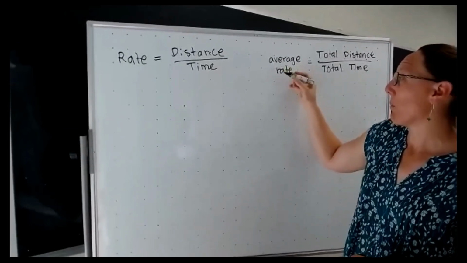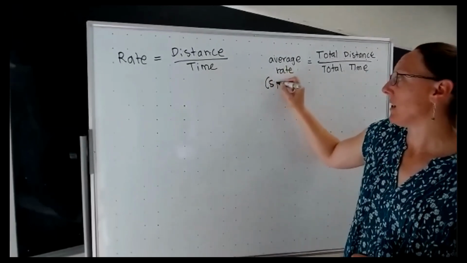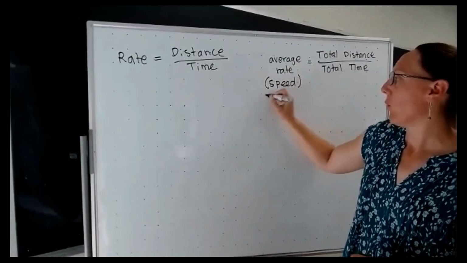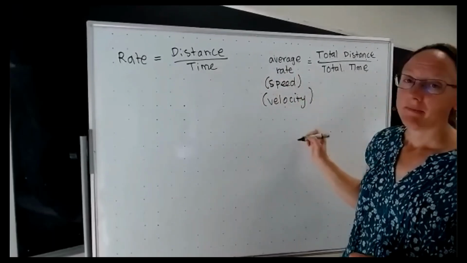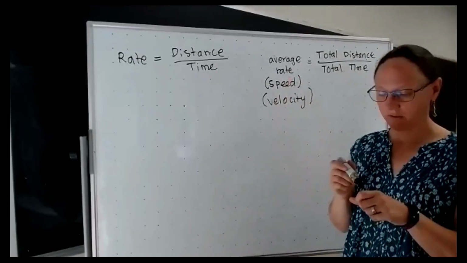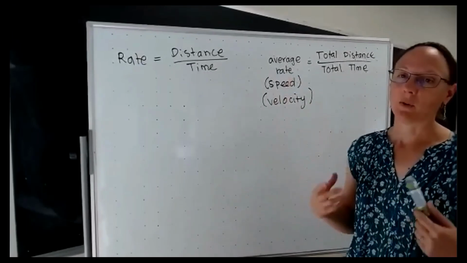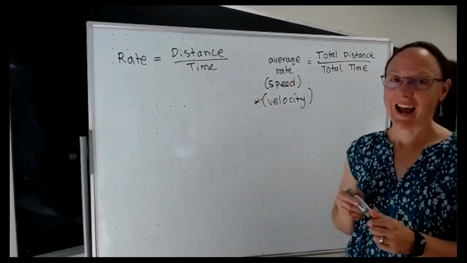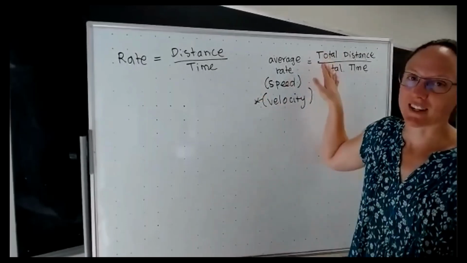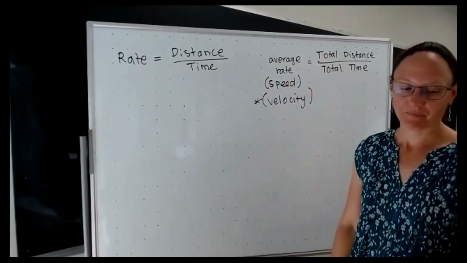And we can also swap out that rate for saying the speed or the velocity. And I would say these two terms, speed or velocity, are more likely to be what shows up in calculus, specifically this guy, that our average velocity is the total distance divided by the total time.